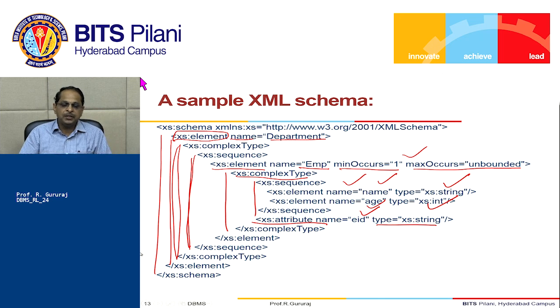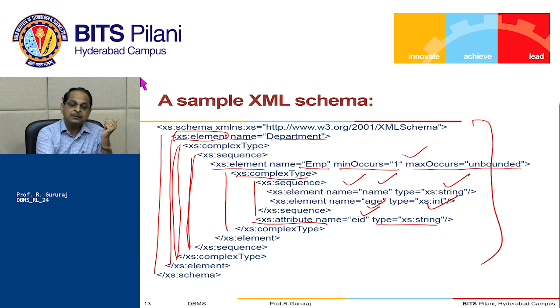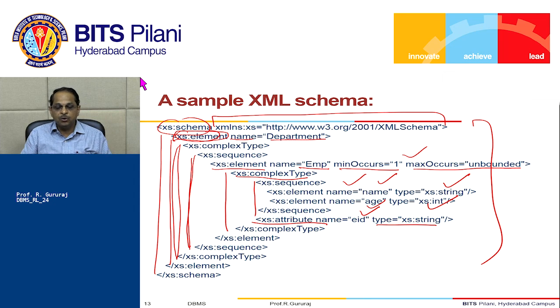That is the advantage. It is more powerful than XML DTDs. I can specify the min-max occurrence, I can specify the various types of the domains, and I can specify other things, whether it is complex or not, attributes, all these things. But the element names I am going to use in this XML document have been taken from the namespace URL.